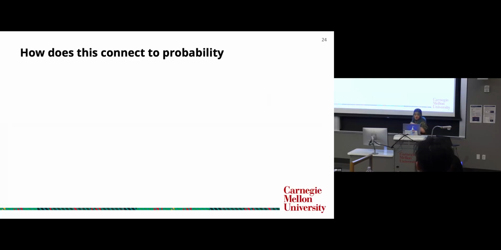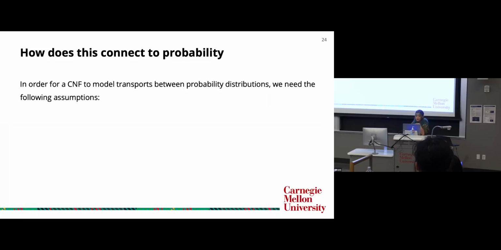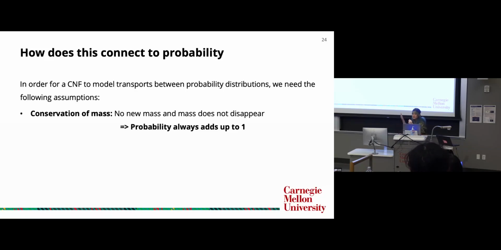Cool. All right. So how does this connect to probability? In order for this kind of continuous flow model to transport from one probability distribution to another, we need to have the following assumptions. The first thing is what we call the conservation of mass.